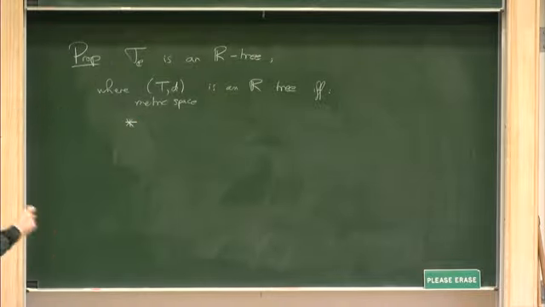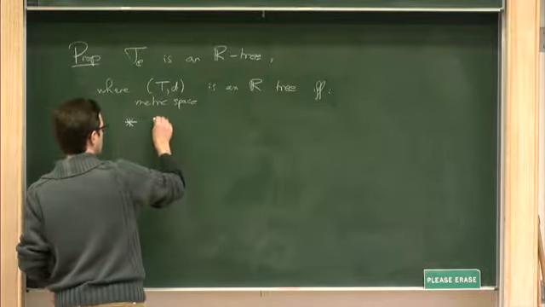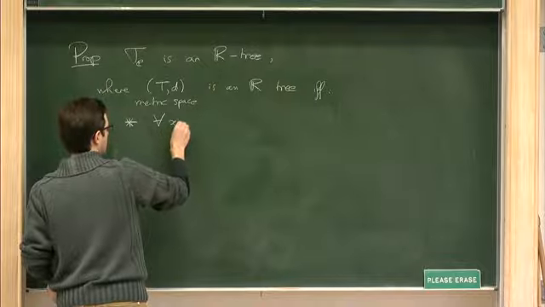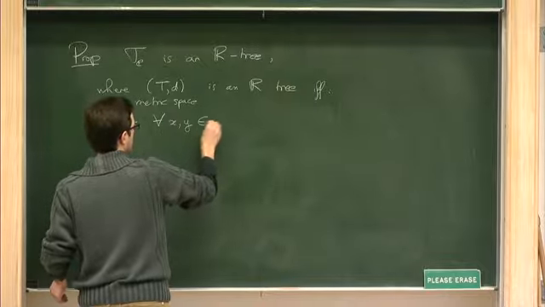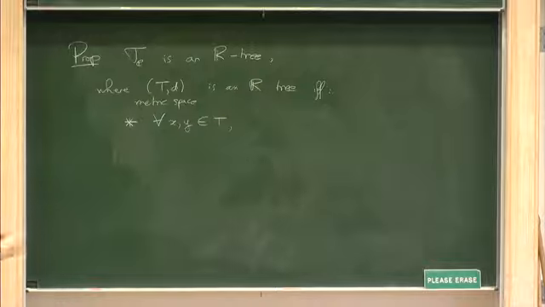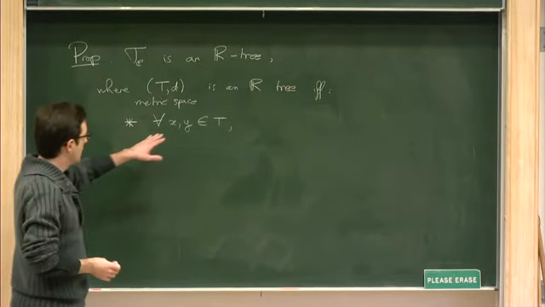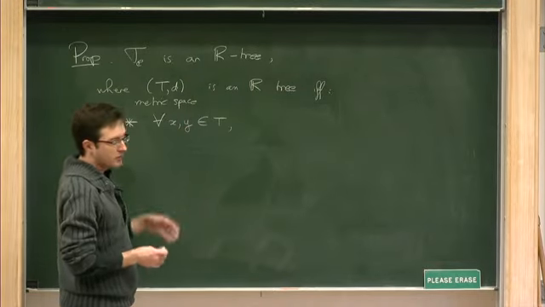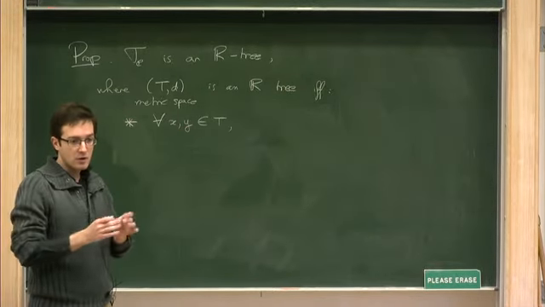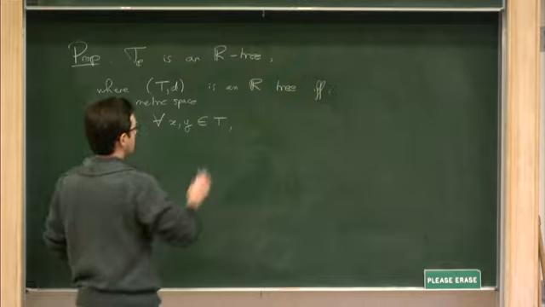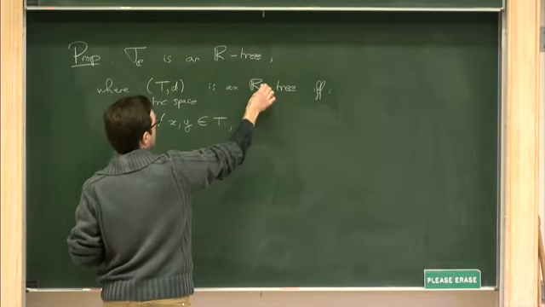The first property is that it's connected, but in a strong way. For every x and y in T, I can connect x and y by a path, but which is also a geodesic path. I want this path to be the isometric image of a real segment. Okay, and that's actually where the R comes from.